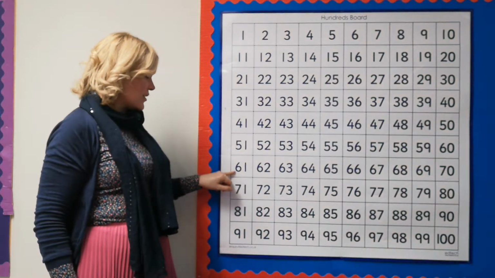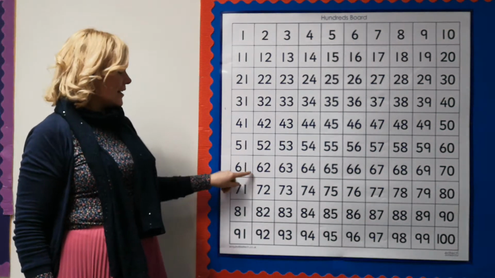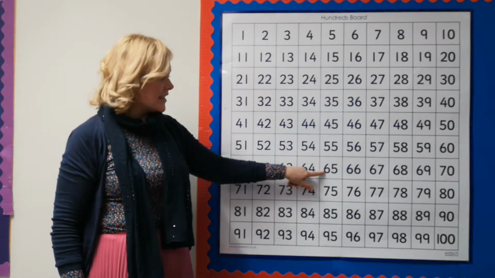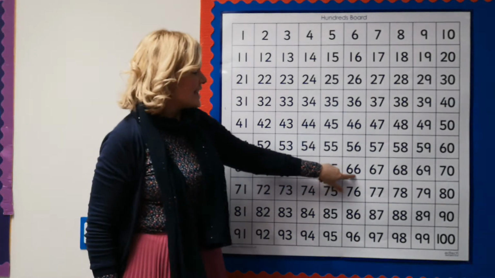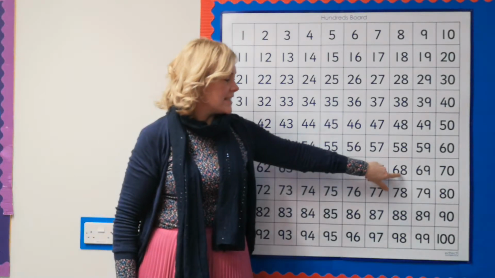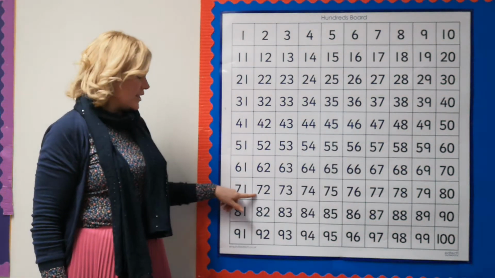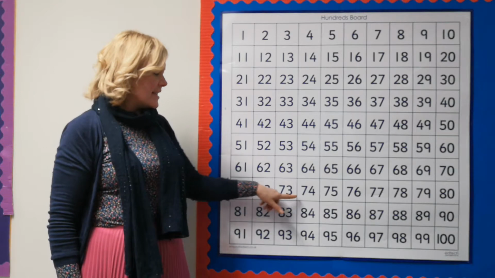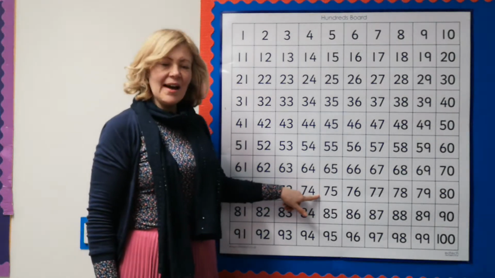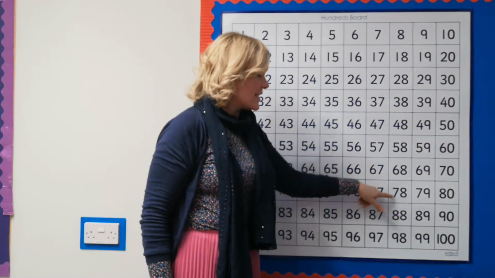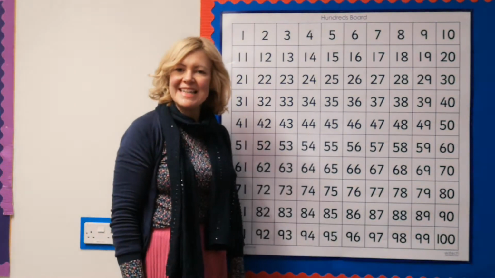All the 60s start with a 6, 61, 62, 63, 64, 65, 66, 67, 68, 69, 70. 71, 72, 73, 74, 75, 76, 77, 78, 79, 80. Whew, we made it to 80.